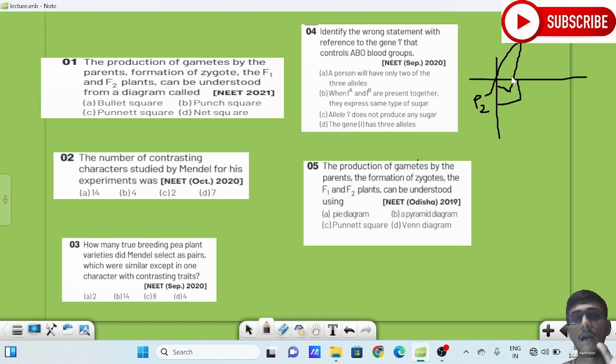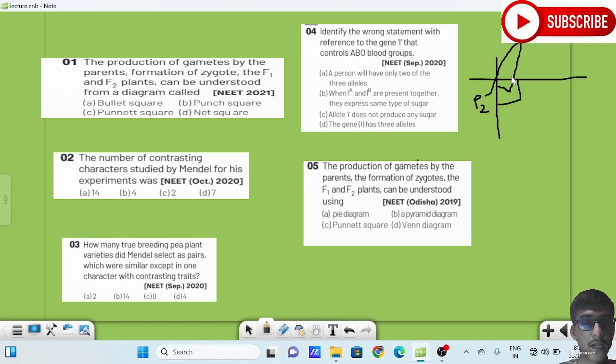A tall plant having axial violet flowers, bearing a green inflated pod with yellow seeds. All the sentences I have mentioned have 7 contrasting characters with their dominant phenotype. So option D, 7, is the number. 7 different characters were taken by Mendel.